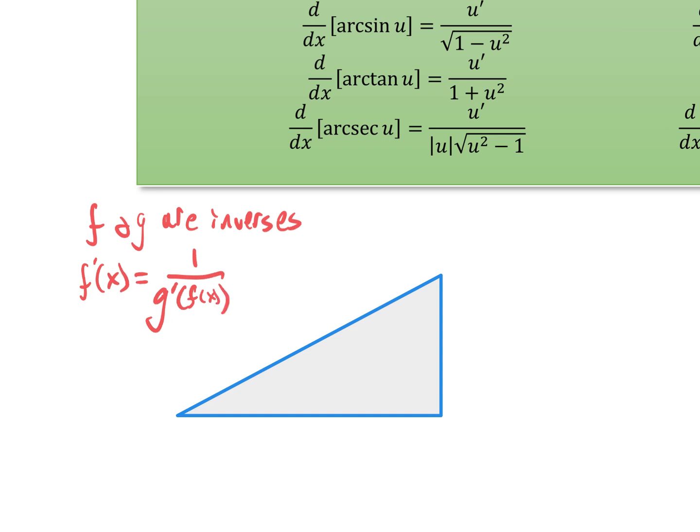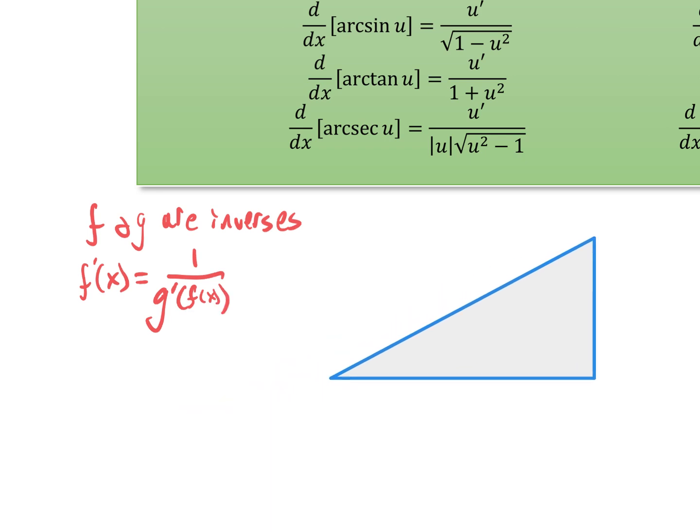Since f and g are inverses, you could also write this as the derivative of g is 1 over f prime, the derivative of f, evaluated at g of x. Same thing.